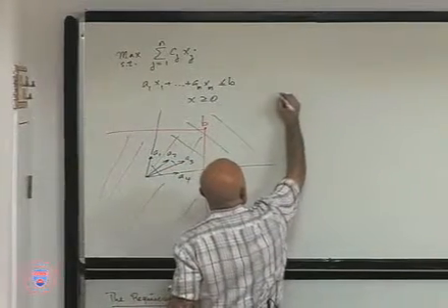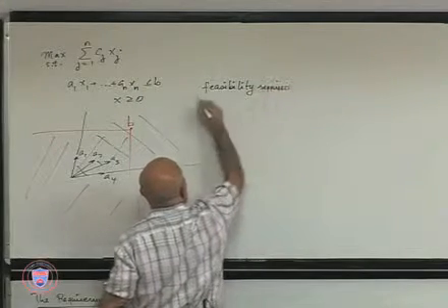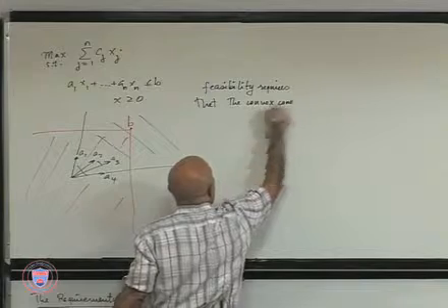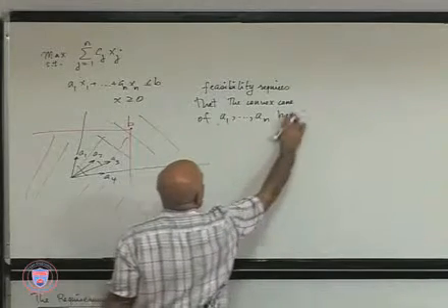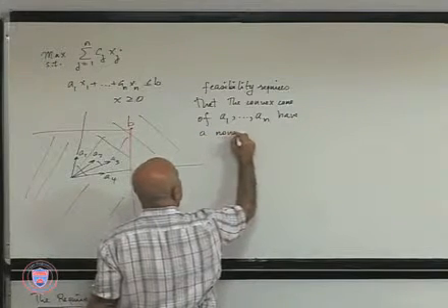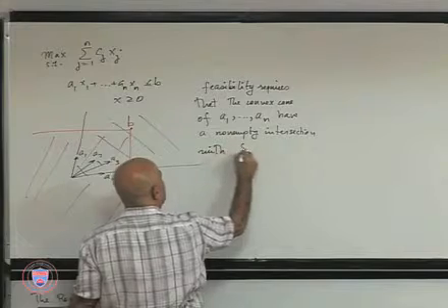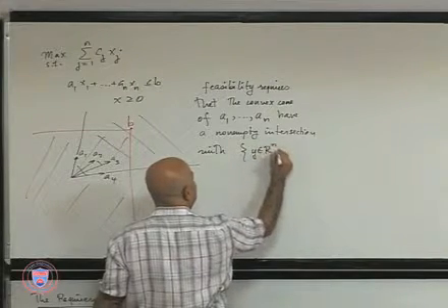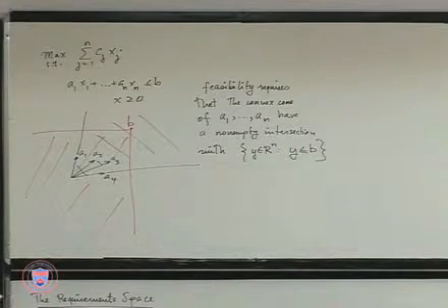So in this case, for feasibility, it requires that the convex cone of A1 through AN have a non-empty intersection with the set of points y in Rn, where y is less than or equal to b as a vector, or each component of y is less than or equal to the corresponding component of b.